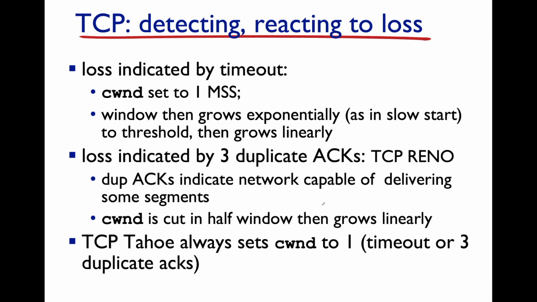And so the response in so-called TCP Reno version or implementation of TCP, it sees a duplicate ACK, and it's indicative that the network, while approaching congestion, starting to teeter on the edge, so to speak, is still capable of delivering some segments because you got the ACKs. And so what happens is that the congestion window in response to these triple duplicate ACKs is cut in half.